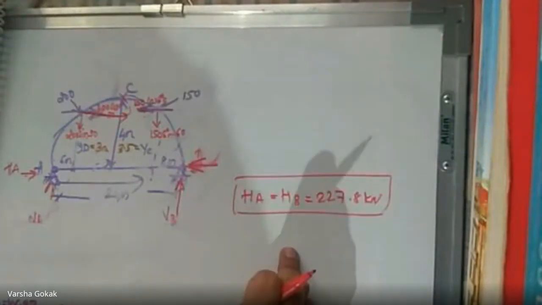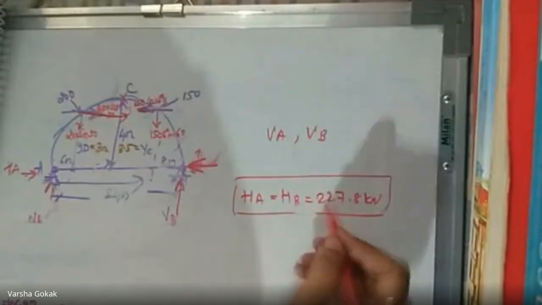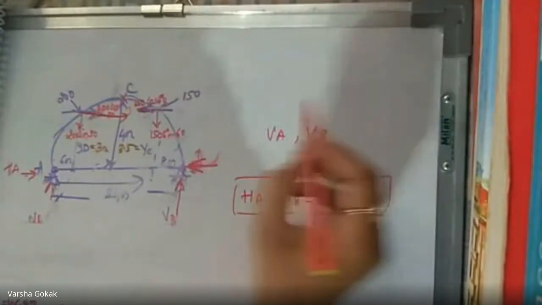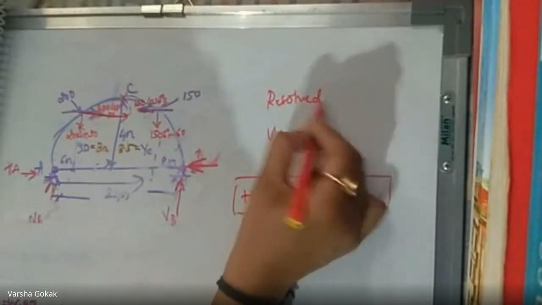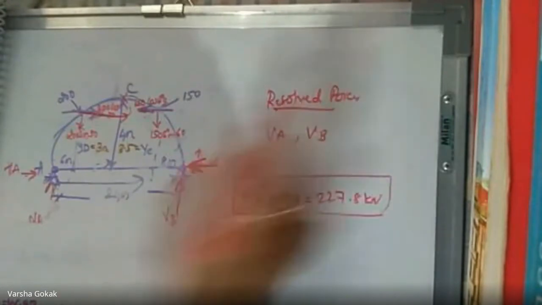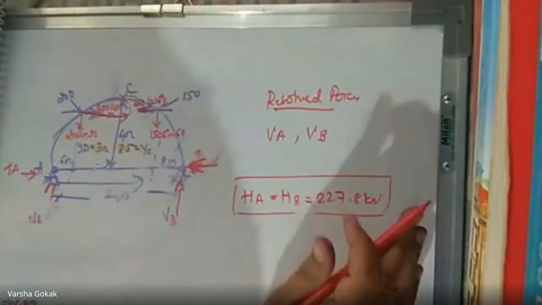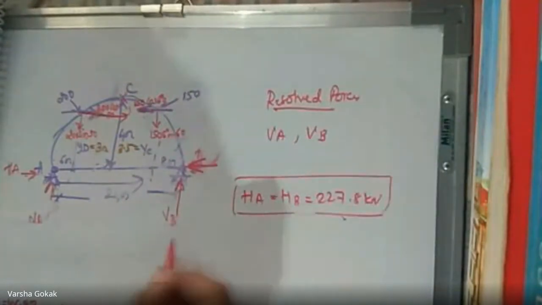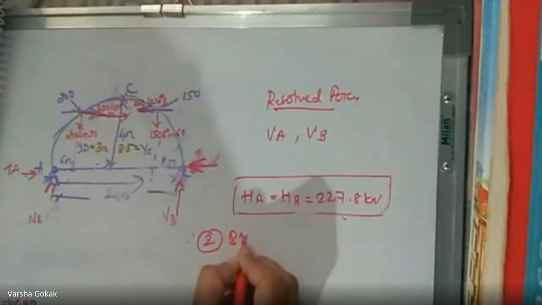So in this particular problem, finding your VA, VB, HA, HB itself is important because you are having all the resolved forces. With the resolved forces and their moments, we have to get this value. Once you get this value, finding the moment is not difficult. So we know the second step is bending moment.